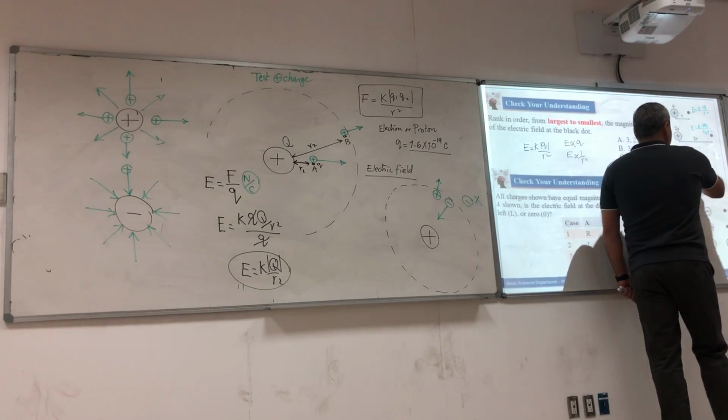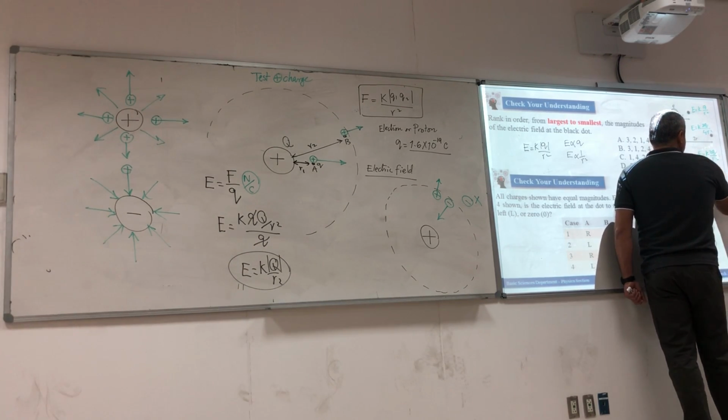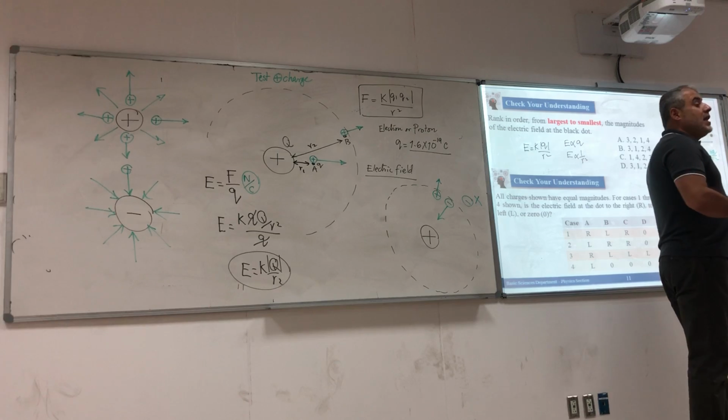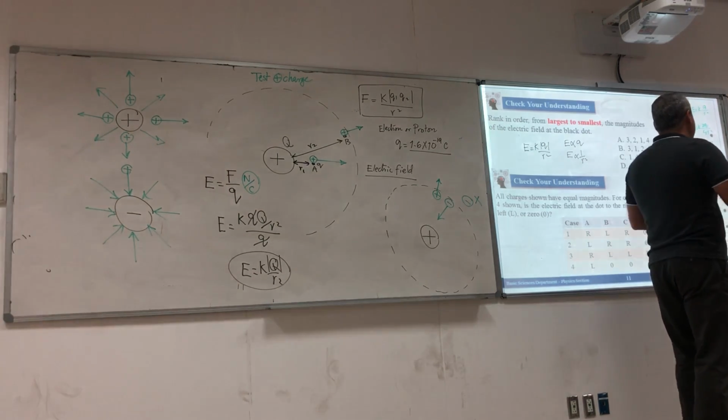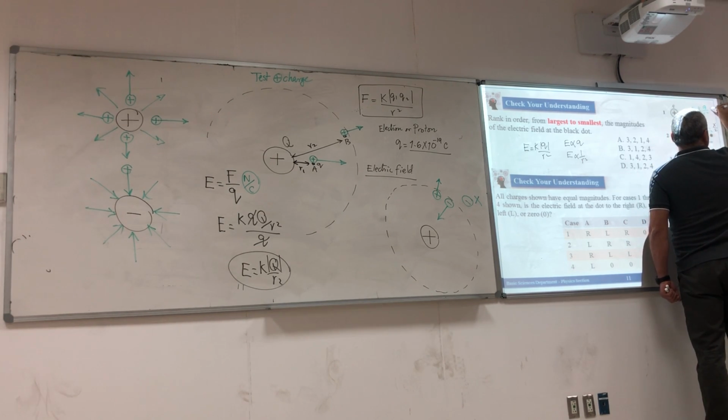Here, K 2Q over R squared. Here E is equal to K Q over R squared. If you do something simple, consider K Q over R squared as 1 or X.